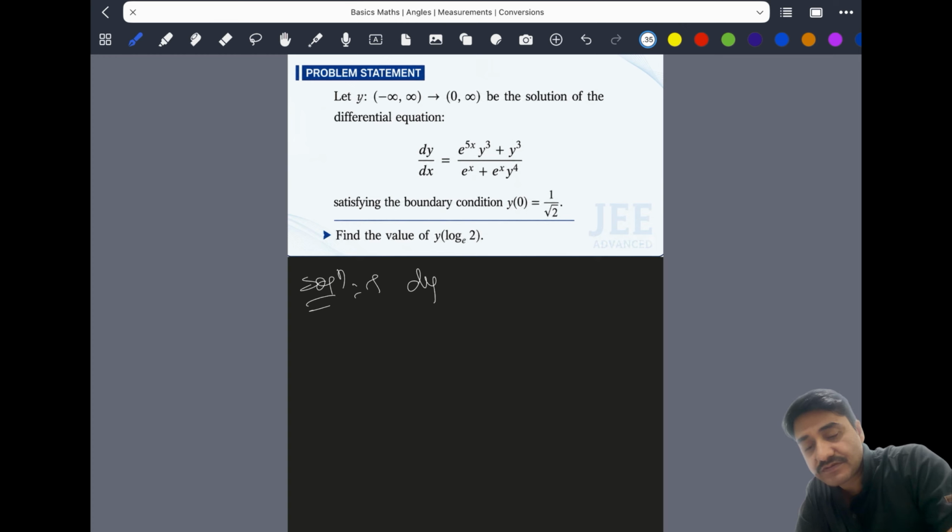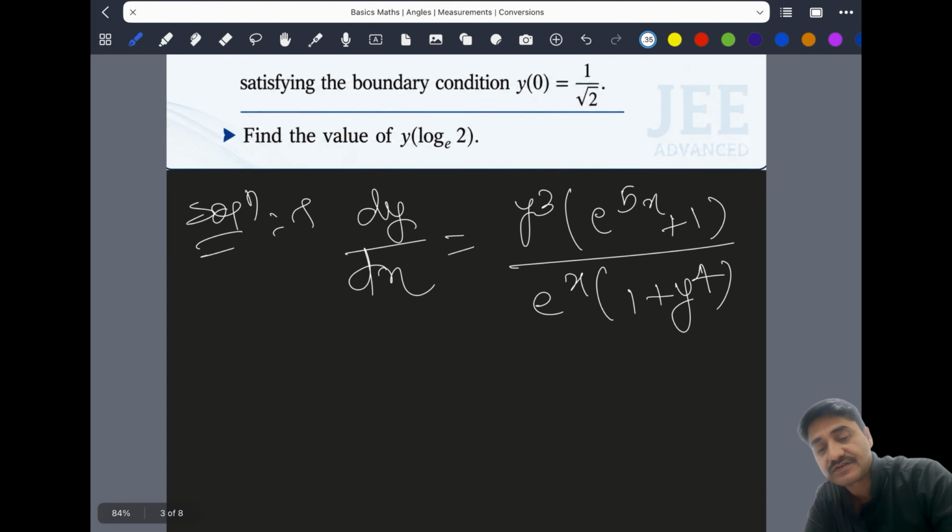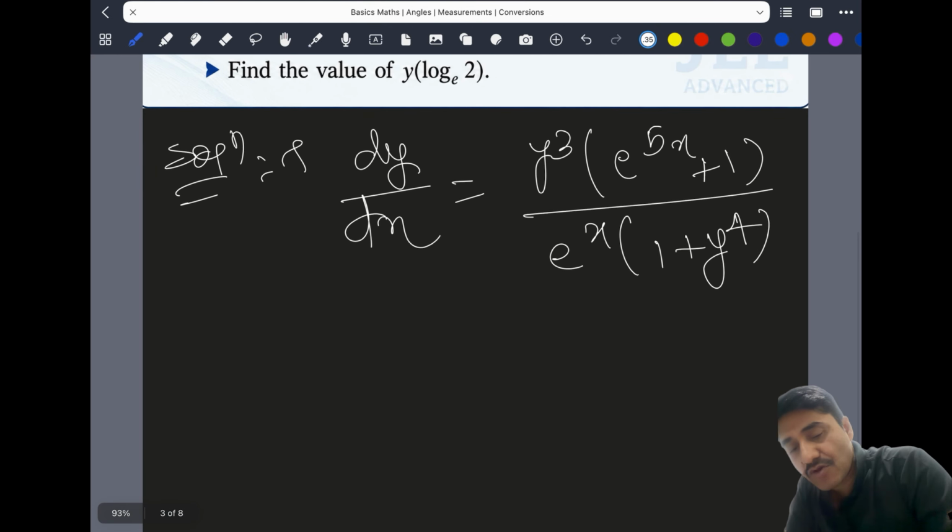The question is dy by dx is equal to, take y cube common, then it will be e raised to 5x plus 1 divided by e raised to x. We can take common, so 1 plus y raised to 4. I hope everybody can understand this step. Now what we will do, we'll do variable separable.